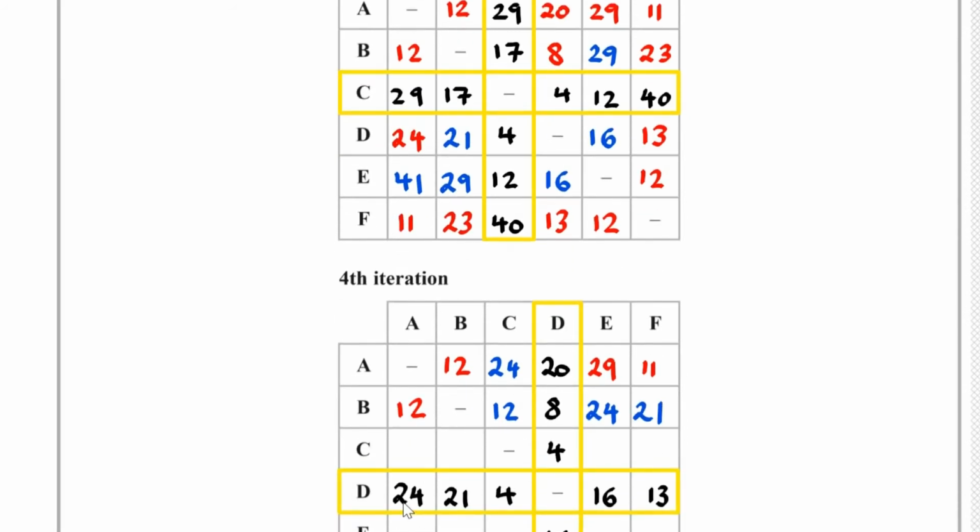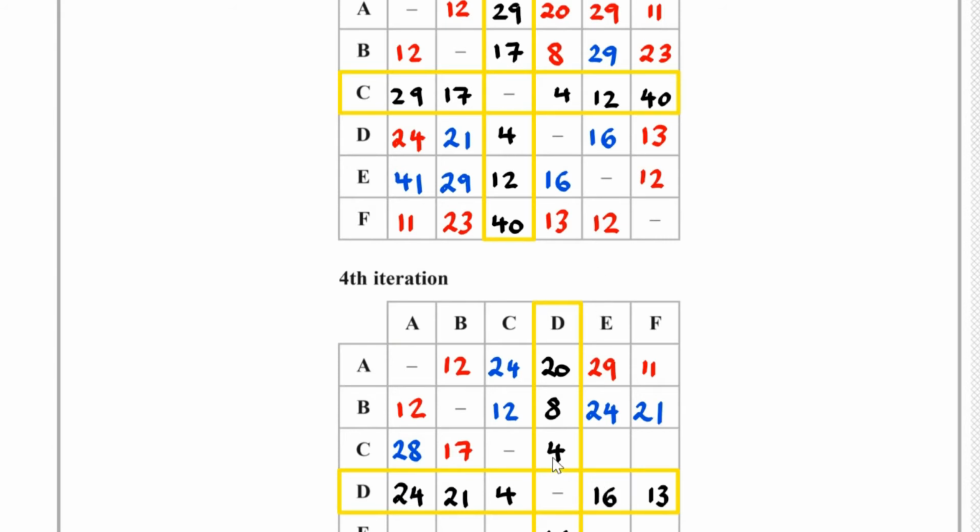8 plus 13, which is 21, is smaller, so 21 goes here. Next, we compare 24 plus 4 with the 29 here. 24 plus 4, which is 28, is smaller, so that changes. Next, we compare 21 plus 4 with the 17 here. 17 is smaller, so 17 goes here.